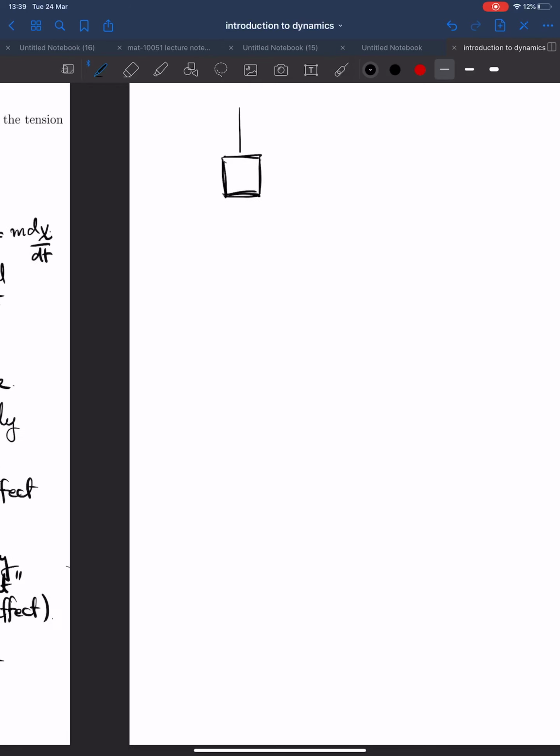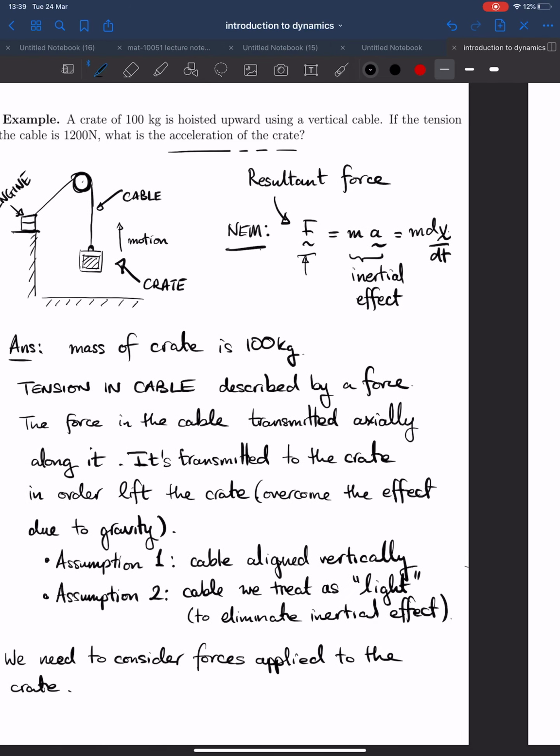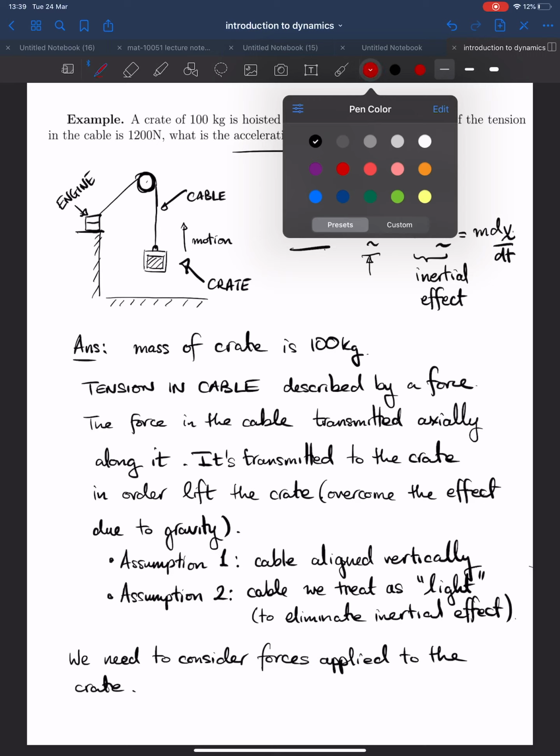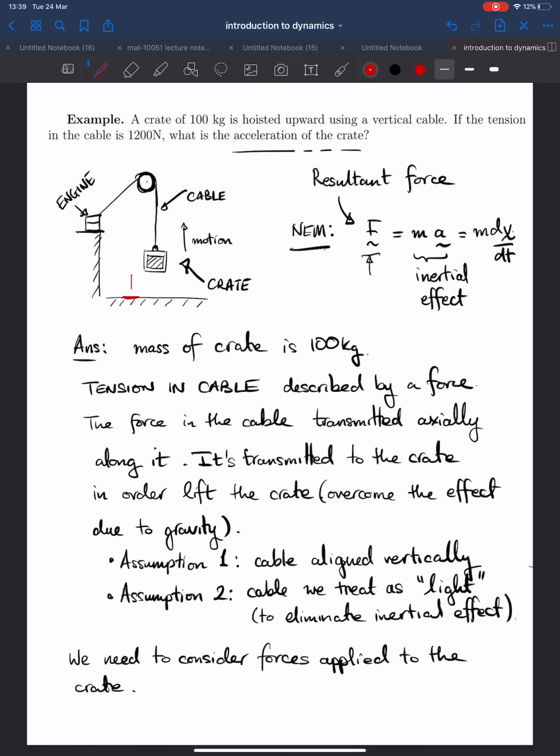Now, there is something I forgot to mention. Just for convenience, I'm going to put the axes. The motion is going vertically. I've highlighted this here. We have y and 0 at ground level. Okay, it doesn't necessarily have to be like this.